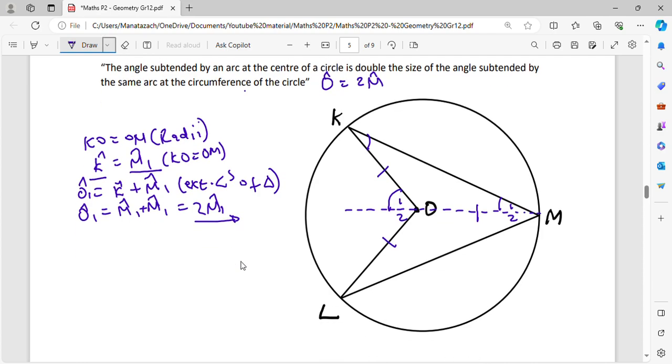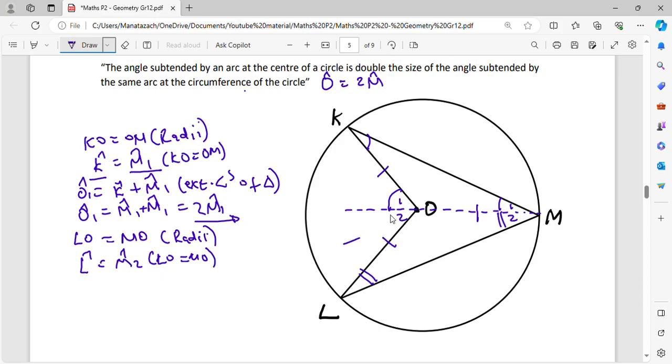And then likewise, we'll do the same. We'll say LO is equal to MO. The reason is radii. From that, we can deduce that angle L is equal to angle M2. The reason is LO is equal to MO.